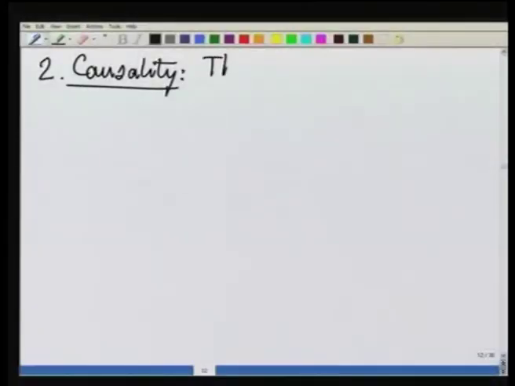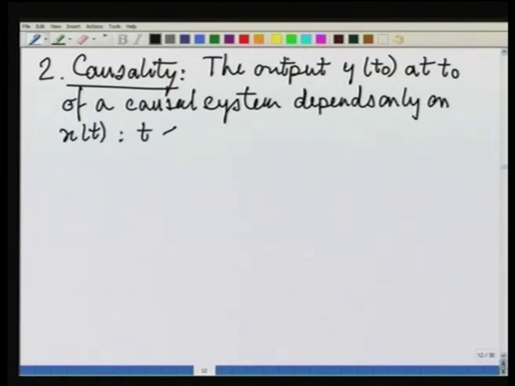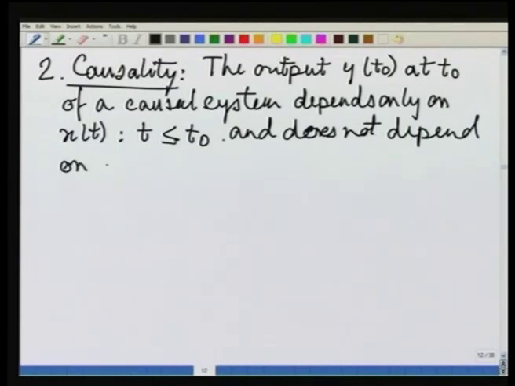In short, to put it down like this, the output y(t naught) at t naught of a causal system depends only on x(t) for t less than or equal to t naught and does not depend on x(t) for t greater than t naught.